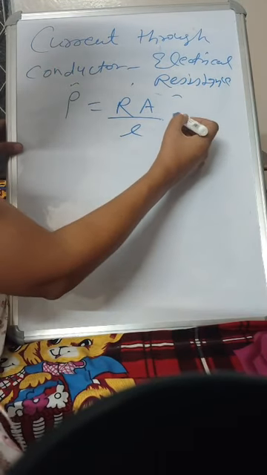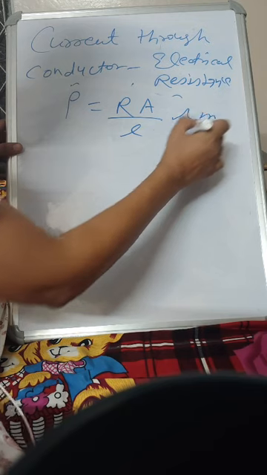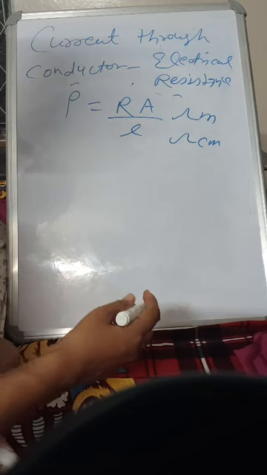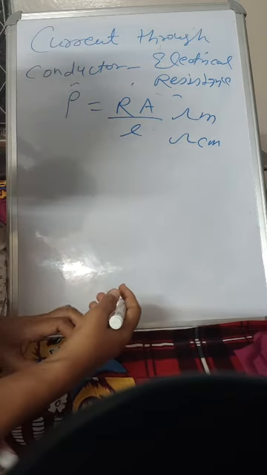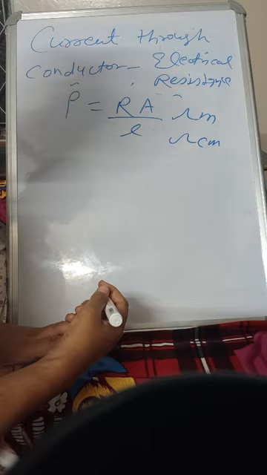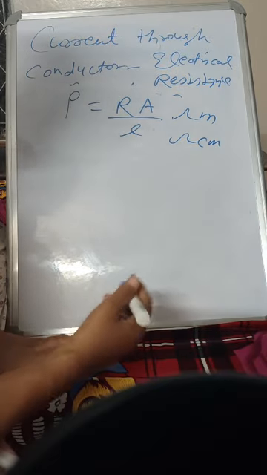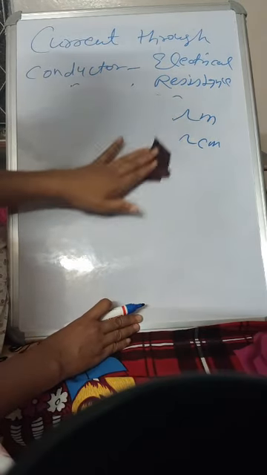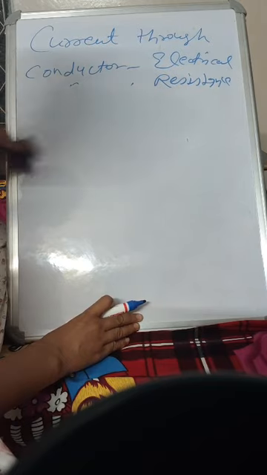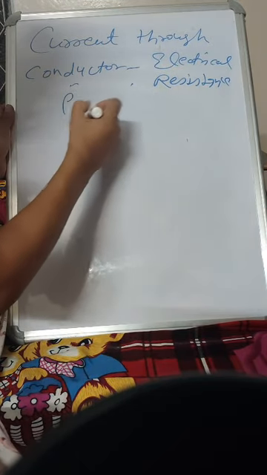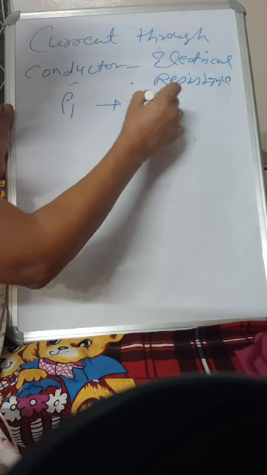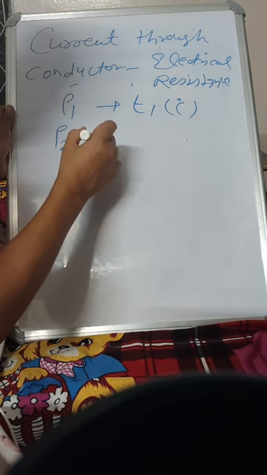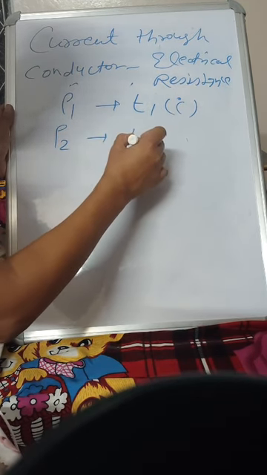And the unit of this resistivity is ohm meter or ohm centimeter. Also this resistivity depends upon the temperature. Suppose we have a conductor at two different temperatures, and it has a resistivity rho 1 at temperature T1 degree Celsius, and another resistivity rho 2 at temperature T2.